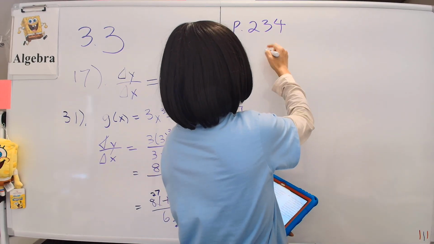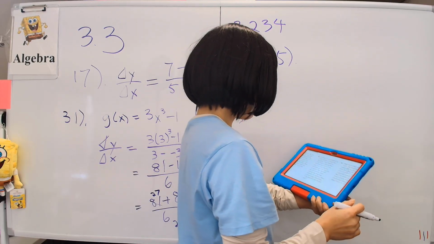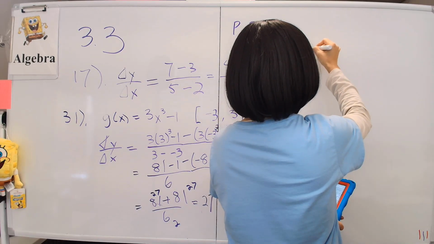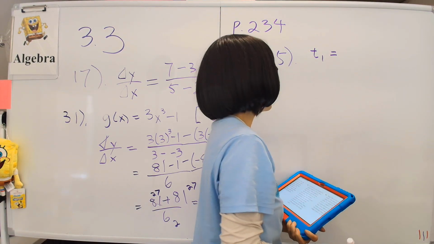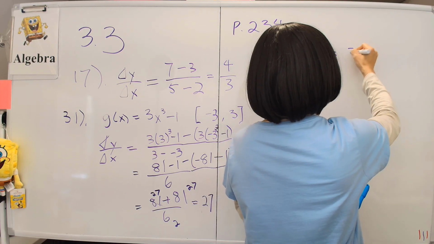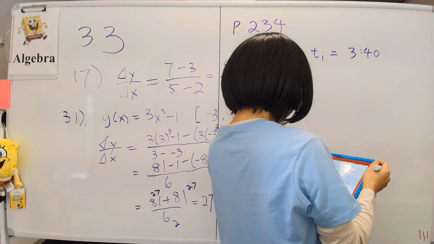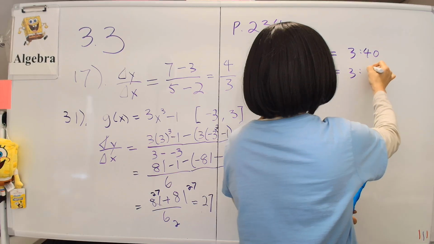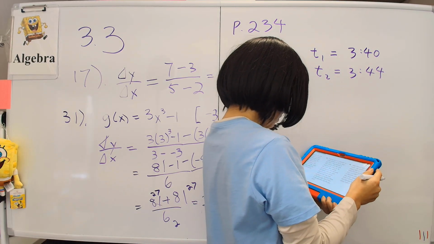So problem 45, and we have they started filling up gas at 3:40. So time T1, we'll call the first time T1, at 3:40. And then they started pumping, and then at time T2 at 3:44, they pumped gas for 4 minutes, and the tank was full.